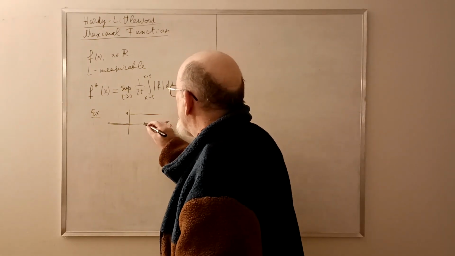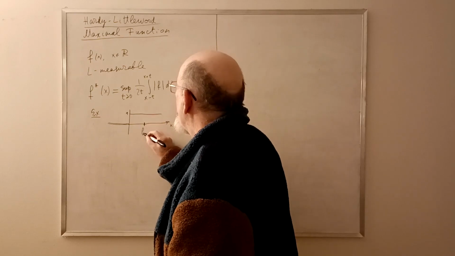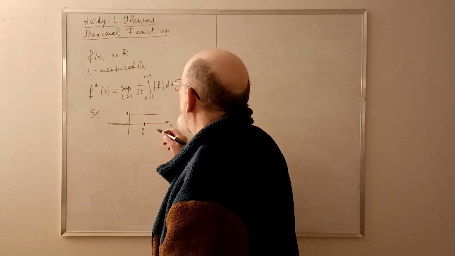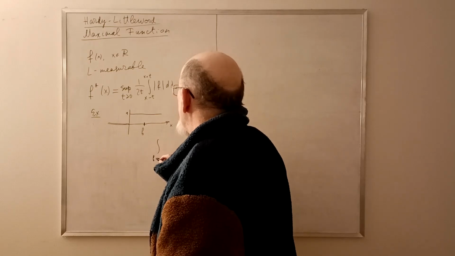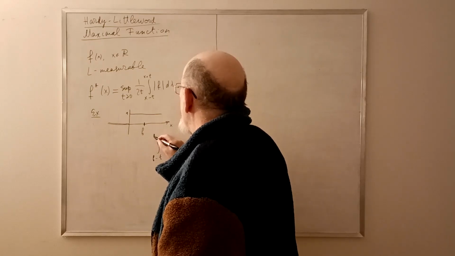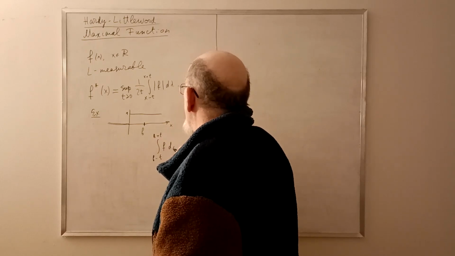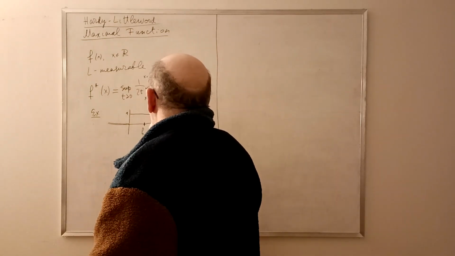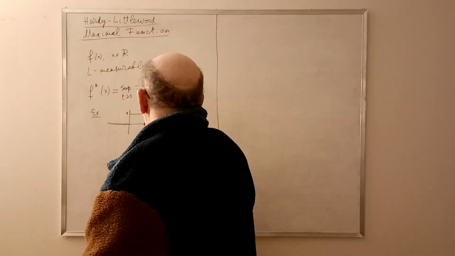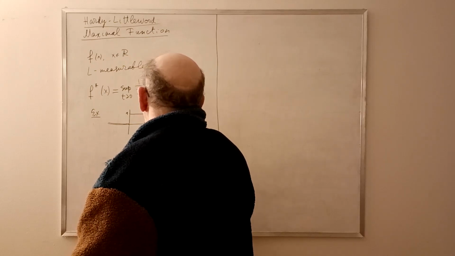If you take this point, let us call it b, and find the integral from b minus t to b plus t of f d lambda, divided by the length 2t.